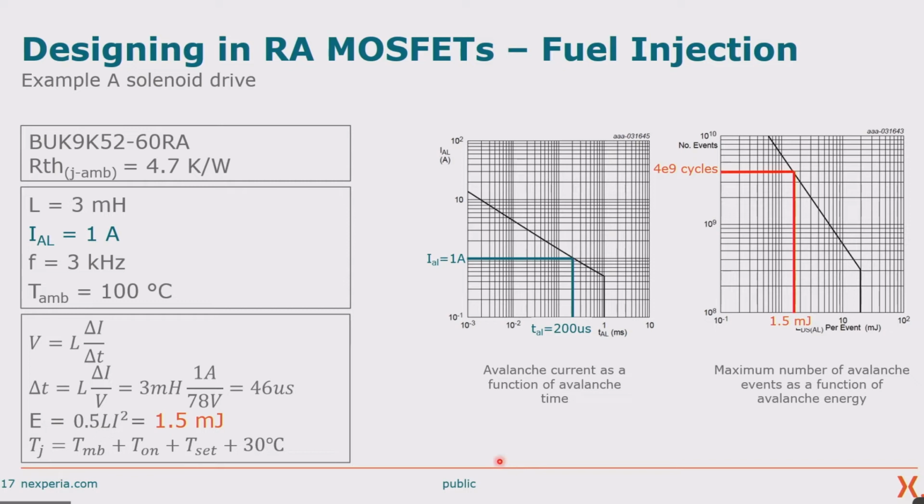And then the last thing to design in is to make sure that the junction temperature stays below 175 degrees. The junction temperature is the sum of the ambient temperature, the temperature rise due to conduction of the MOSFET, the third thing is the settling temperature from the previous avalanching event, so that can be tedious to find, and the 30 Celsius rise of the current avalanching event.